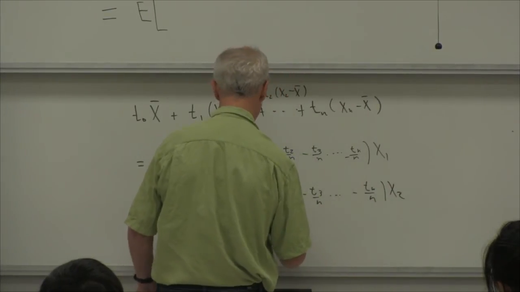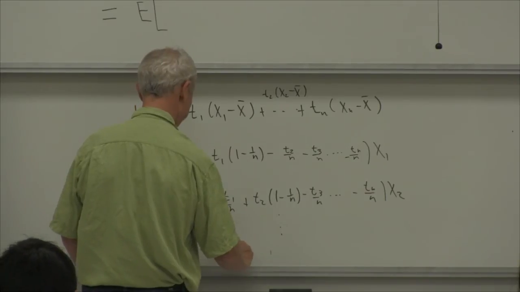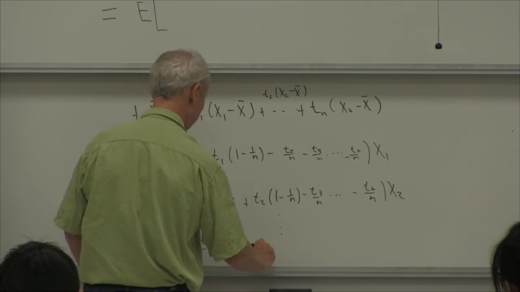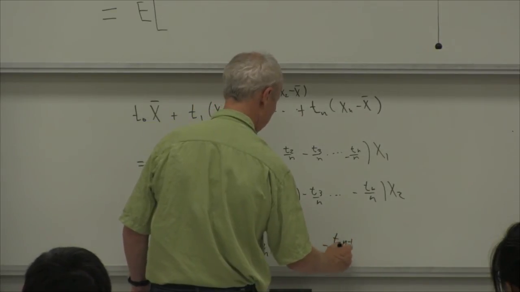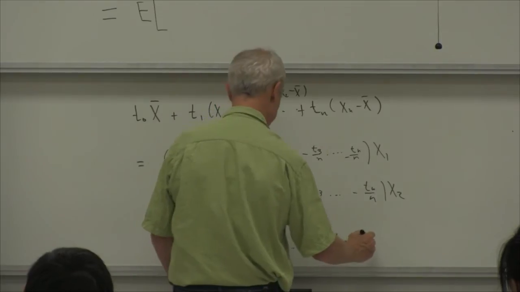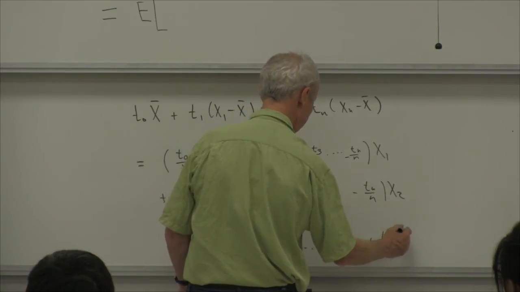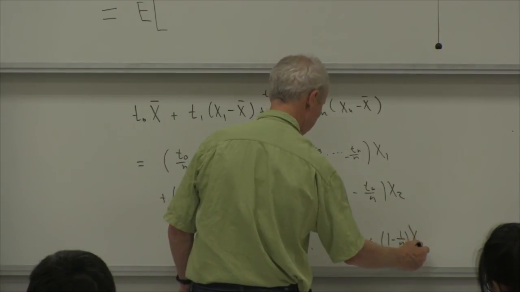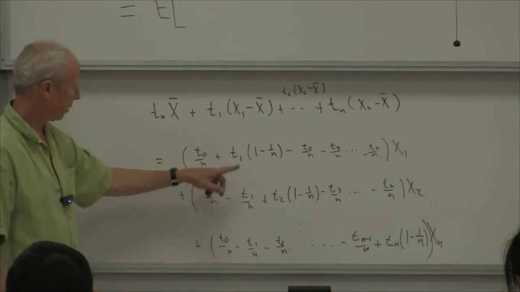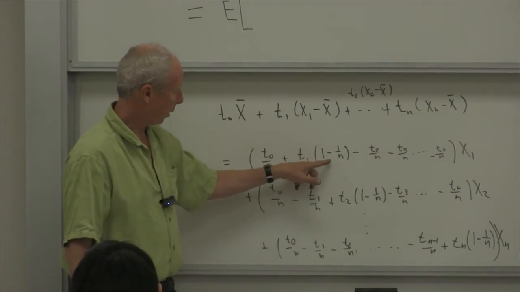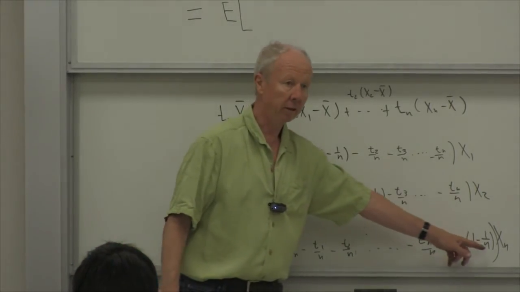And I keep going like that until I get down to the nth one. On the diagonal, I get t1 times 1 minus 1 over n, then t2 times 1 minus 1 over n, and all the way down to here, right?